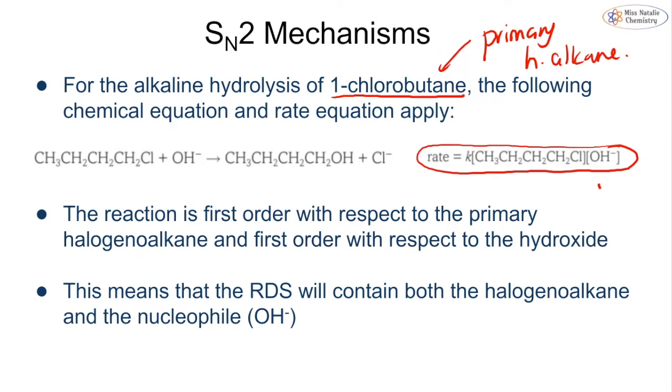So this tells us that we are first order with respect to the primary halogenoalkane and also first order with respect to the hydroxide. This tells us that the rate determining step contains both the halogenoalkane and the nucleophile. So remember, a nucleophile is a substance that is attracted to an area of low electron density, so it's going to be negatively charged, in this case our OH- ion.